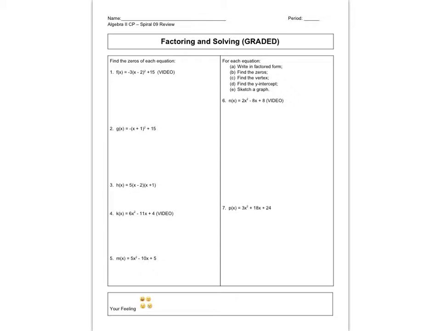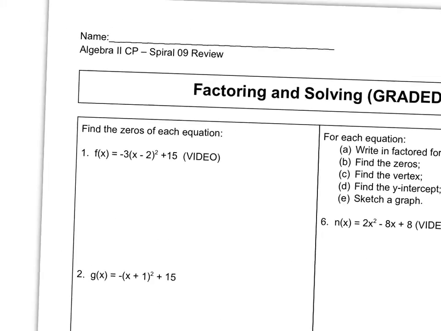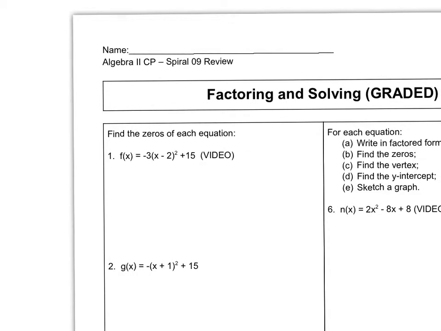First off, we're going to take a look at finding the zeros of an equation that is set up in vertex form. First thing I definitely want to do is make this 0 is equal to negative 3 times the quantity x minus 2 squared plus 15. The strategy here is to get the weird thing, the squared part, by itself.